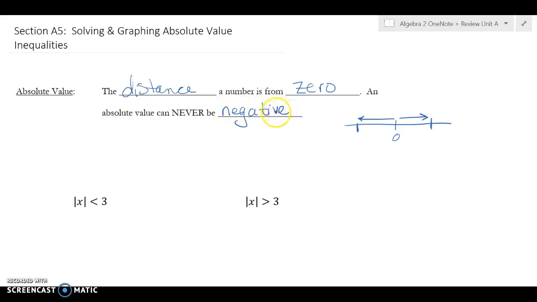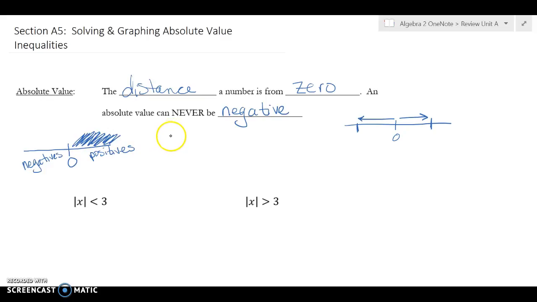Okay, so now this time it's going to be a little different, because with equations, if you got it equal to a negative, then it was a no solution. But if this is my number line, these are my negatives, and these are my positives over here, my answer always has to be over here somewhere. It has to be in the positives.